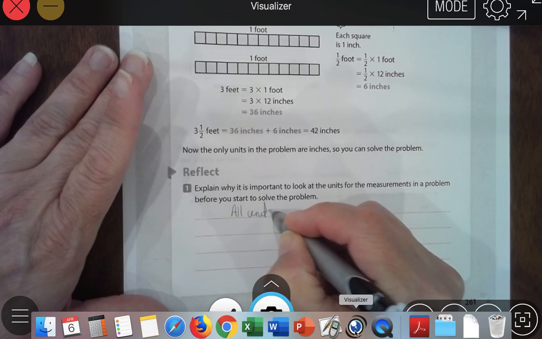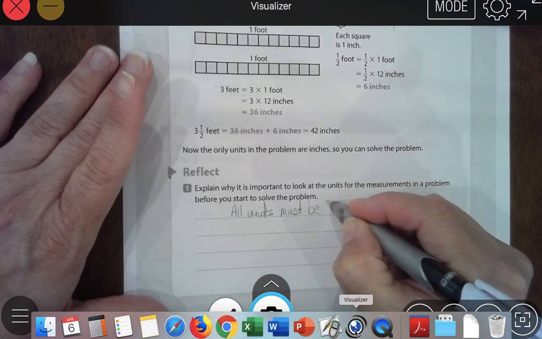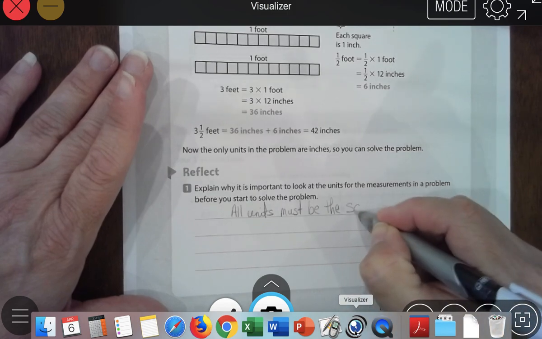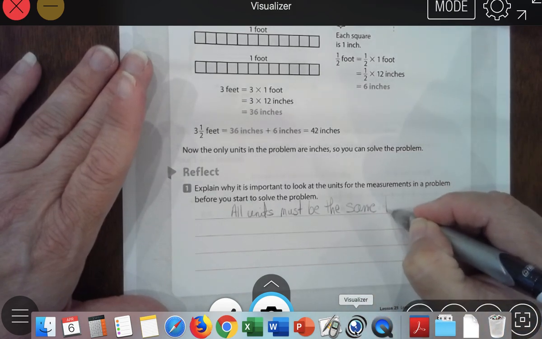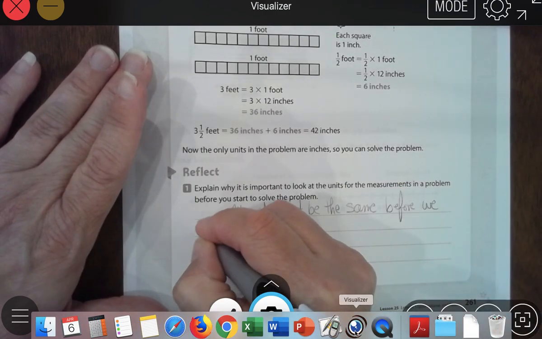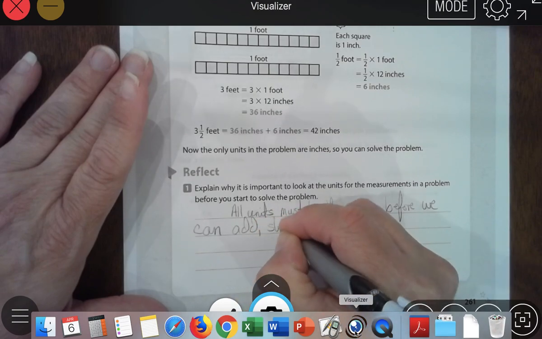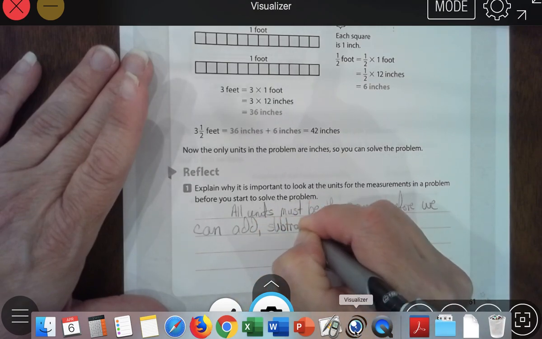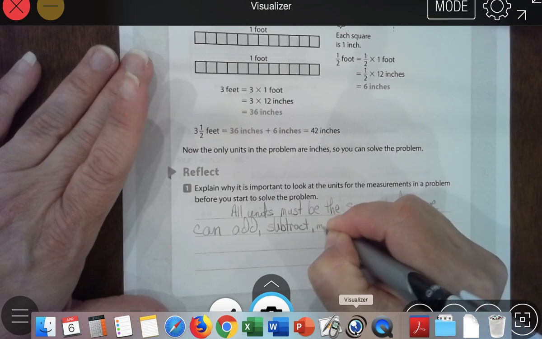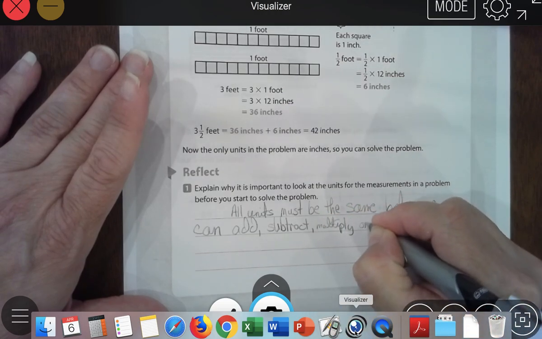Units must be the same before we can add, subtract, multiply, or divide.